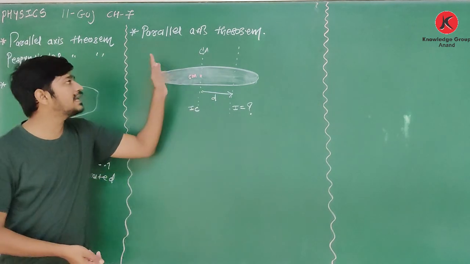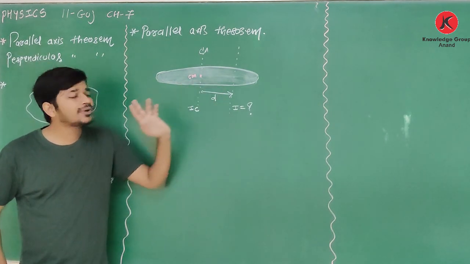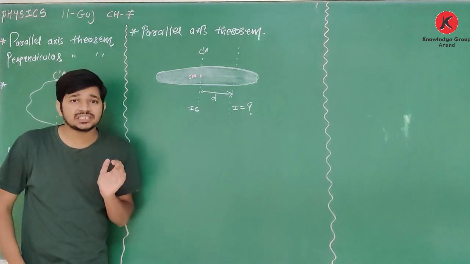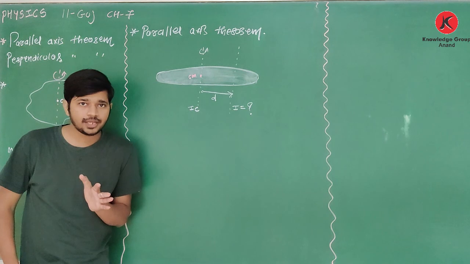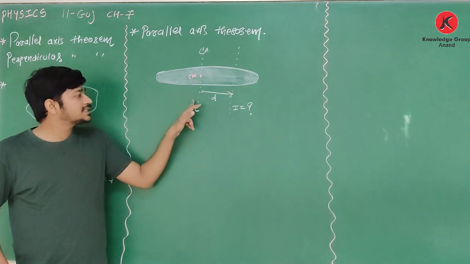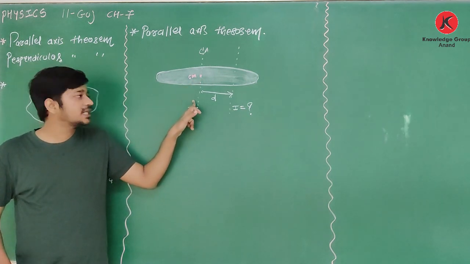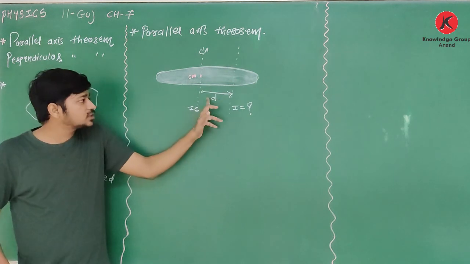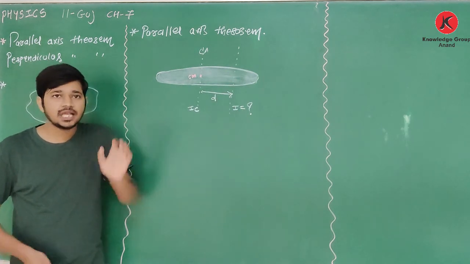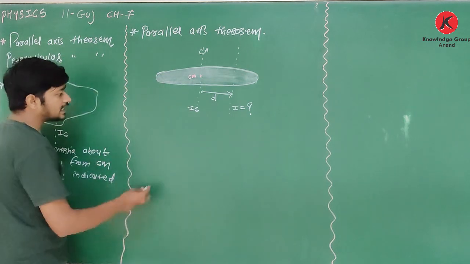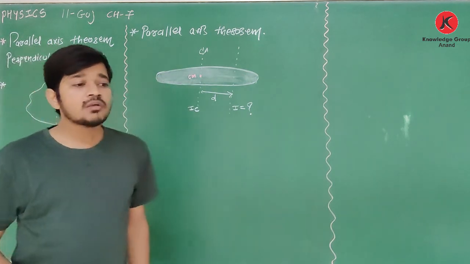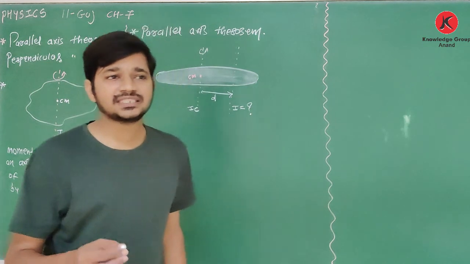Why is it named the parallel axis theorem? Because these two axes are parallel to each other. Clear? This is the axis passing through the center of mass, and this is another axis which is parallel to it. Then how do we find the moment of inertia about this given axis? First of all I will write the equation, because from the equation you can easily write its statement.